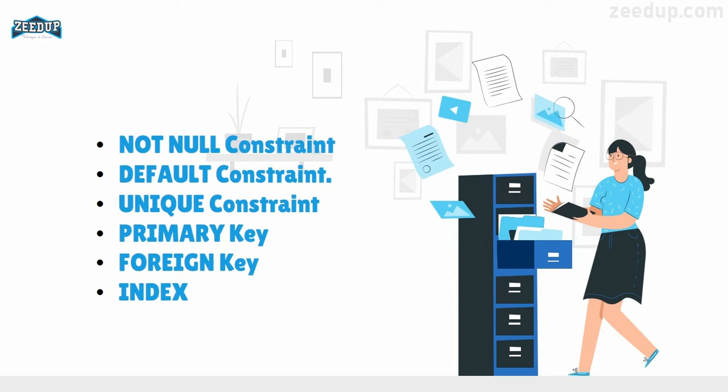Next we have the primary key. Keys in SQL play a very important part. They specify what kind of data could be stored in a column. The primary key is basically a set of constraints.